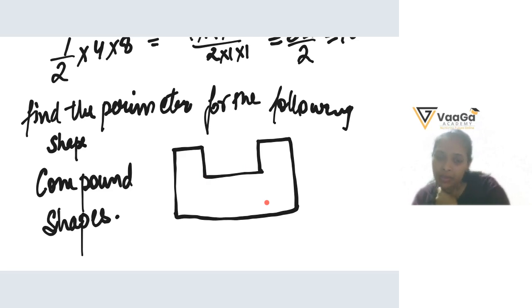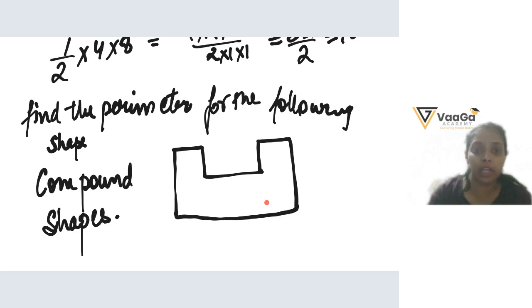A rectangle can also be cut into 2 rectangles. So whenever we make a new shape by combining different shapes together, it is known as a compound shape. That's why in English we have compound words, which consist of more than one word. So basically compound means more than one, and you can use it in any reference.